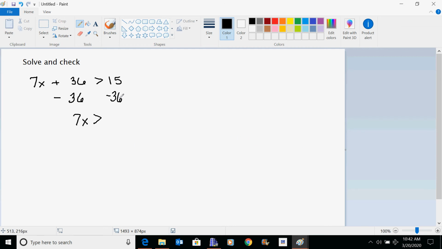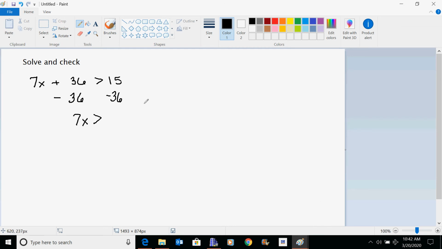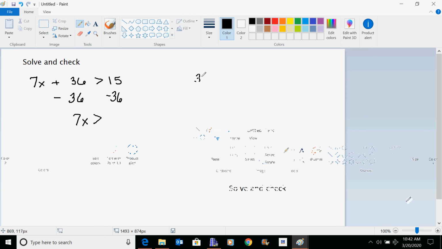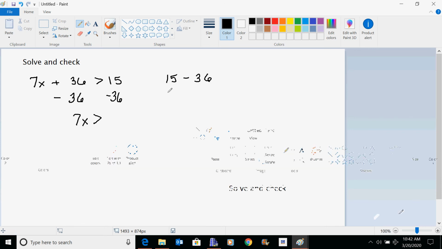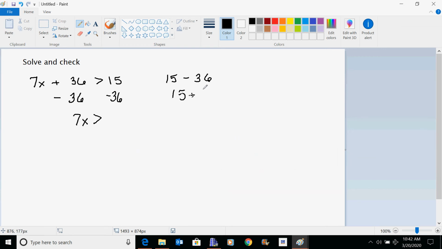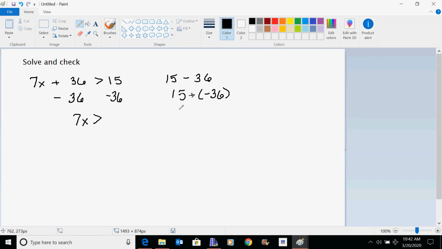Then what we're going to do is take this 15 minus 36. We know that here we could rewrite it like this, 15 minus 36. You know that that's 15 plus negative 36. Keep, change.